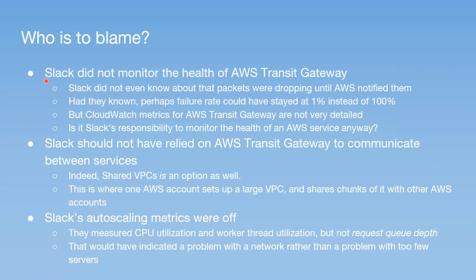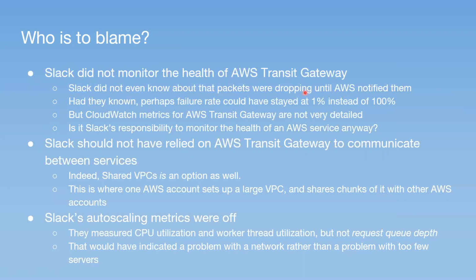So the first point, someone might say, Slack did not monitor the health of AWS Transit Gateway. Remember, Slack did not even know packets were dropping until AWS notified them. All they saw was that there were errors happening, and they thought this was a problem with their own app.